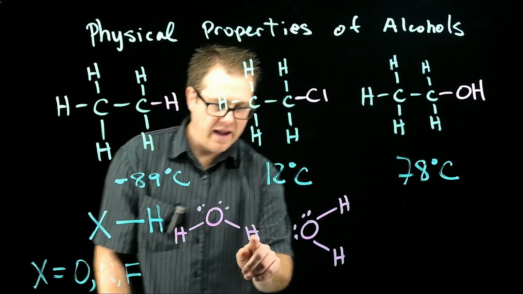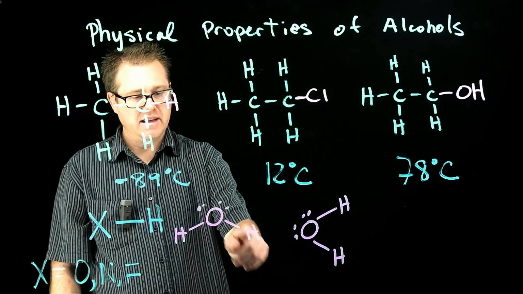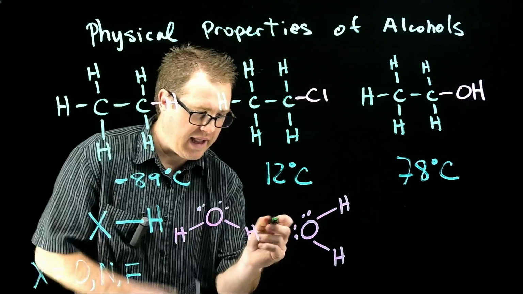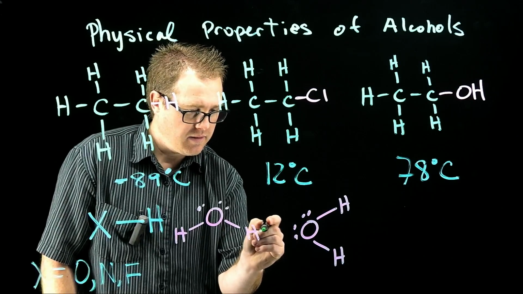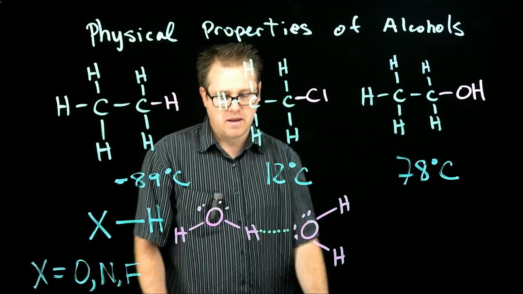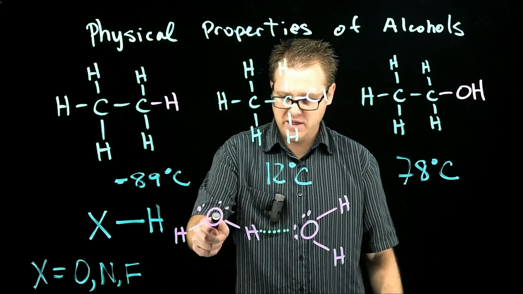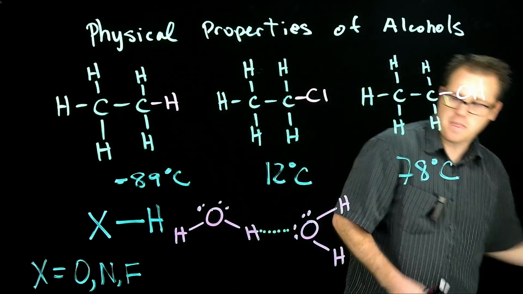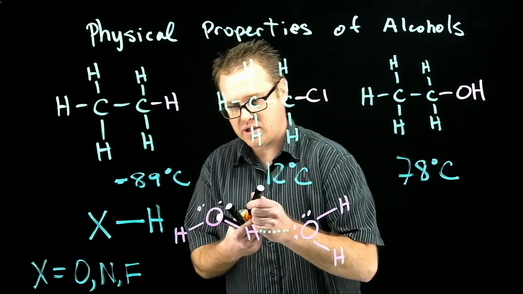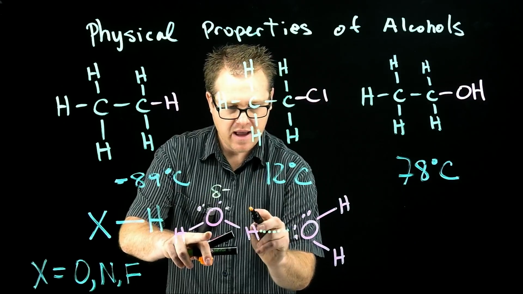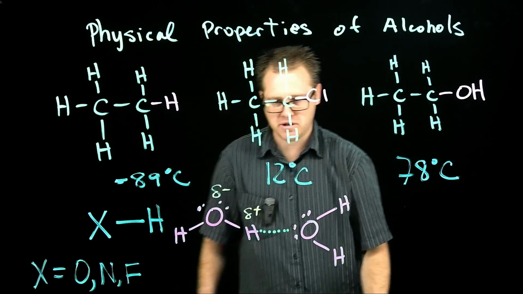If you have a hydrogen that's directly attached to an oxygen, nitrogen, or fluorine, you can generate a hydrogen bond right there. And why can we generate this hydrogen bond? Because remember, the oxygen is more electronegative than hydrogen. So it's going to generate a partial negative on the oxygen and a partial positive on the hydrogen.